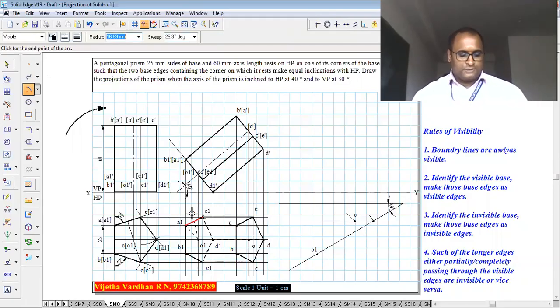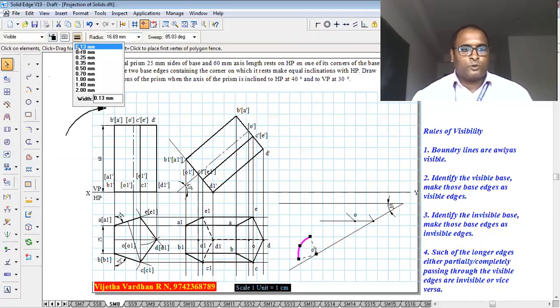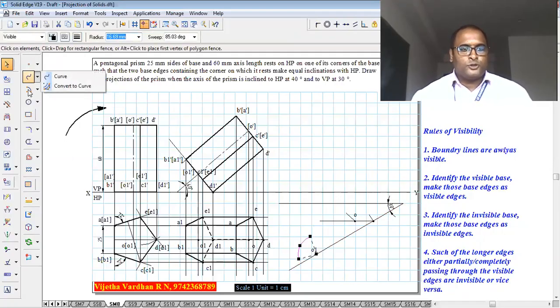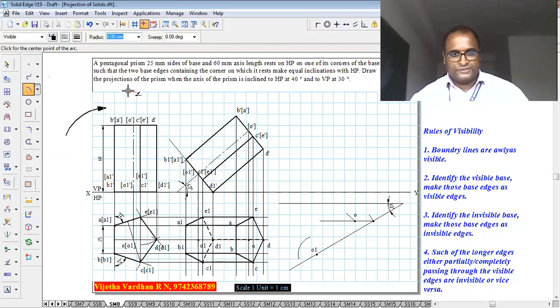With O1 as the center, we are supposed to draw an arc like this. Here, this arc is supposed to be generated using a 2H pencil. It should not be a dot because they are all constructional lines.